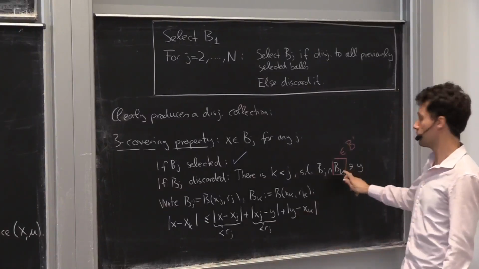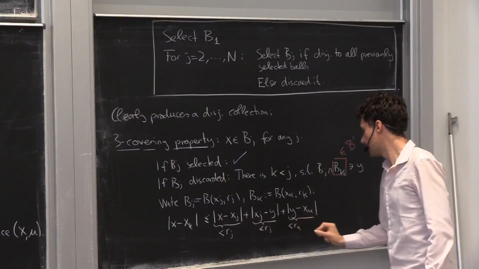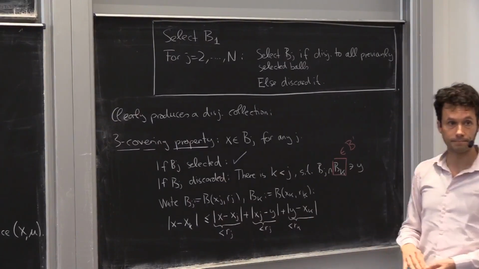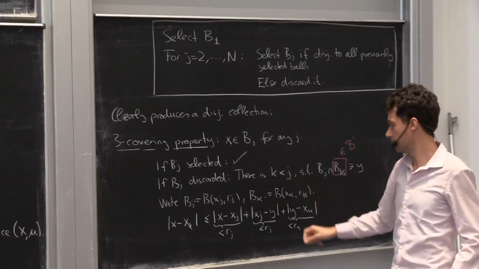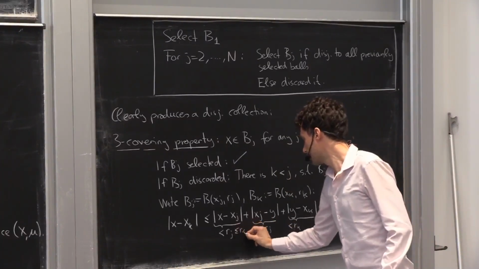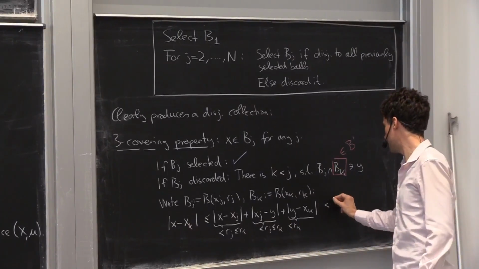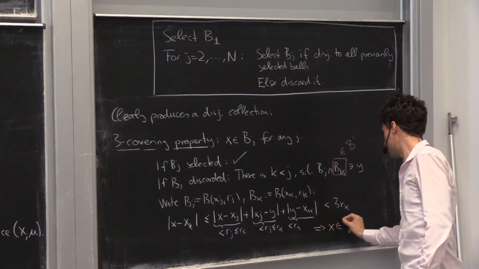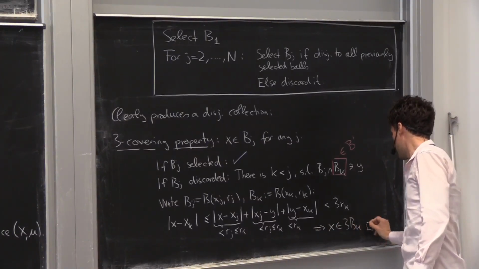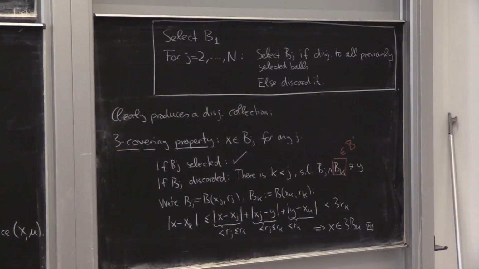Because y is also in Bk, this is less than rk. But k came before j, so this is less than rk, and this is less than rk, and so all of this is less than 3 times rk, and I checked that x is in 3 times Bk, and the proof is accomplished.